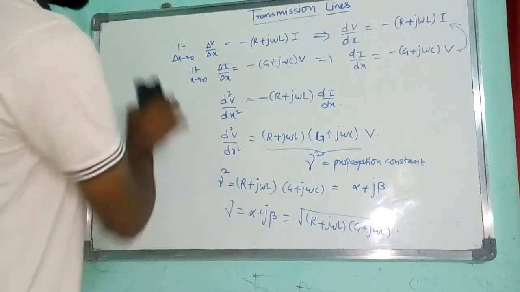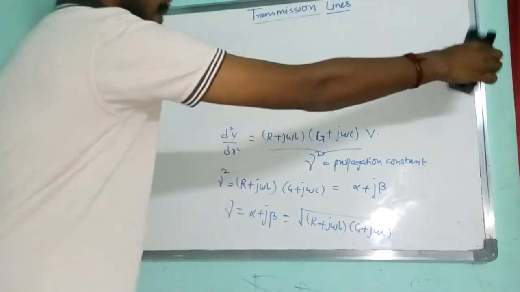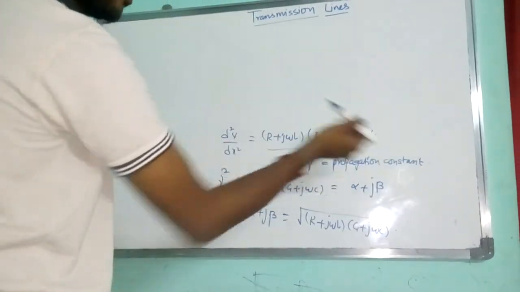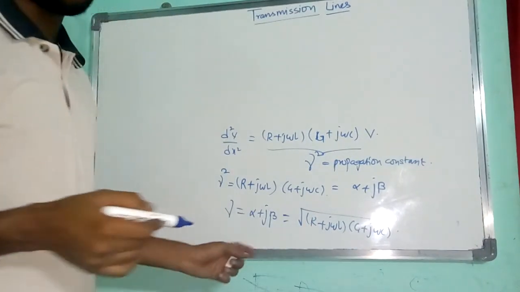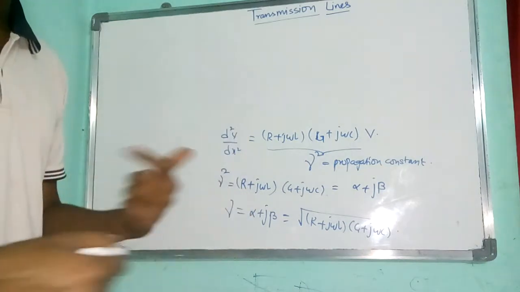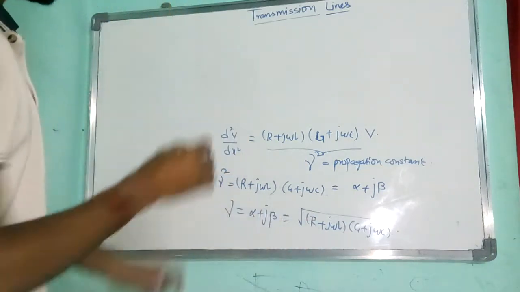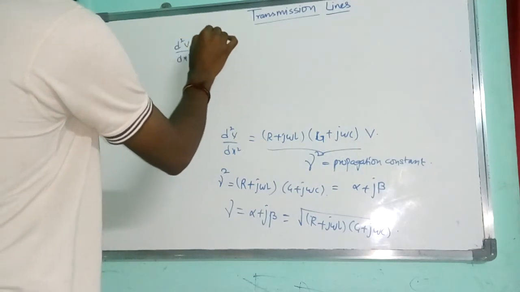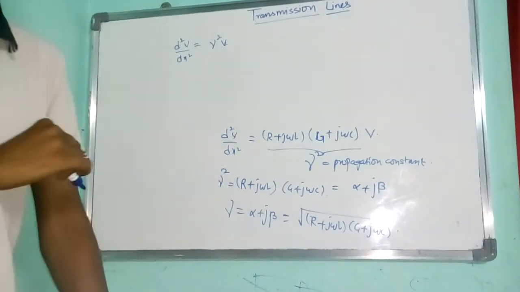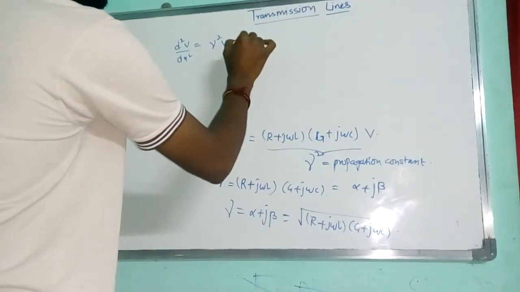Now we have this equation, right? I'll define what alpha and beta are in the later videos, in the next video if possible. And for now it is taken that d square V by dx square is gamma square of V, right? This is one equation. Let it be equation number 3.